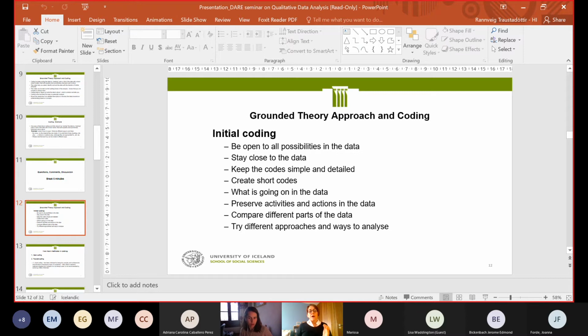Often what you write down as your observer's comments in the field notes or in the interview transcripts are issues that you do not know how to understand in the beginning, but turn out later to be really interesting.